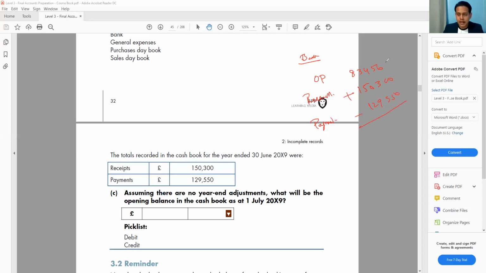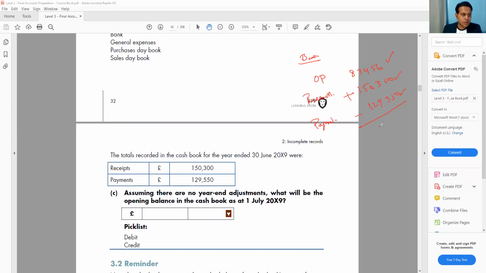So at the beginning, I had this money on my account. After that, I received this one and I paid this. Whatever is the difference, that should be on our account, isn't it? So can you find the difference? How much money still we have on the bank? Okay, so we can see how much it is. 83,456 plus 150,300 minus 129,550.